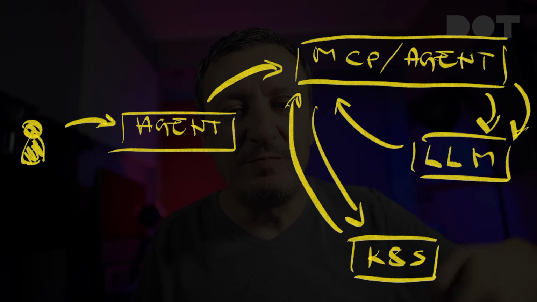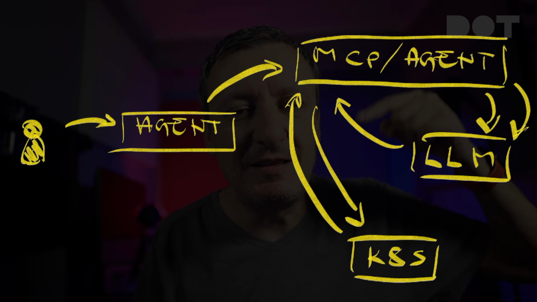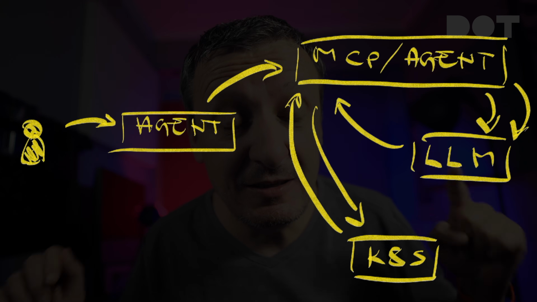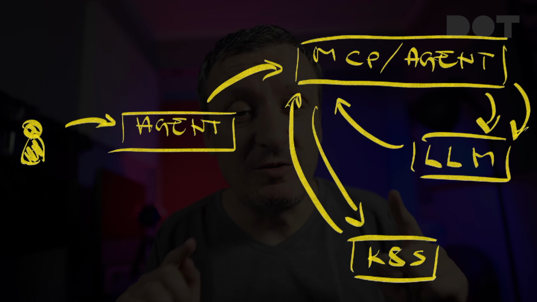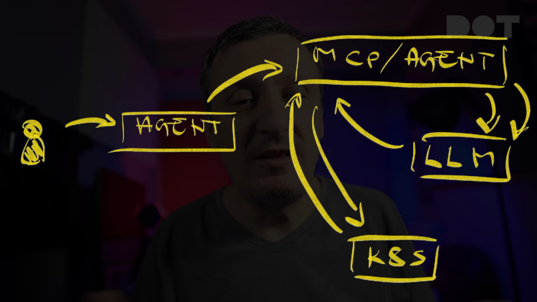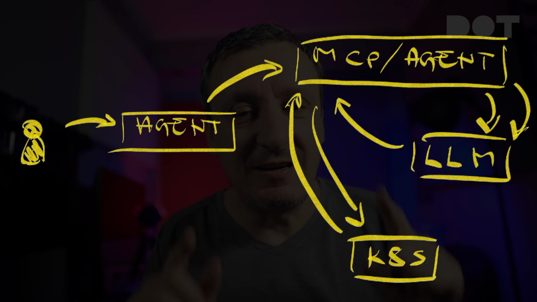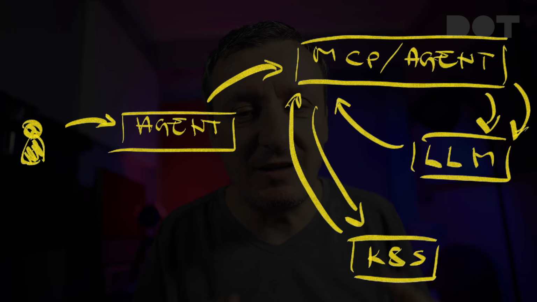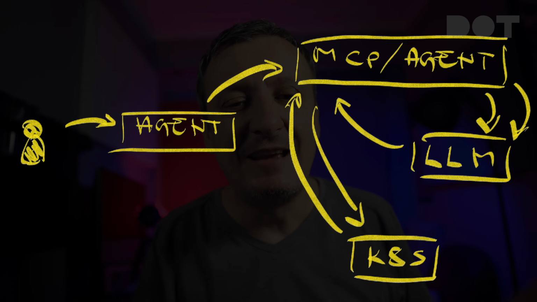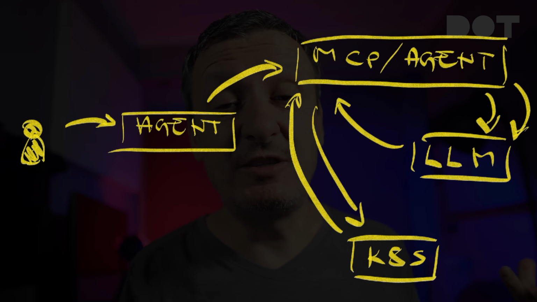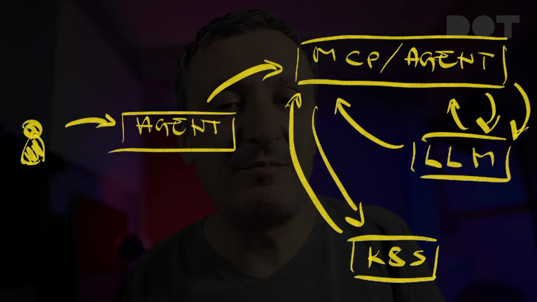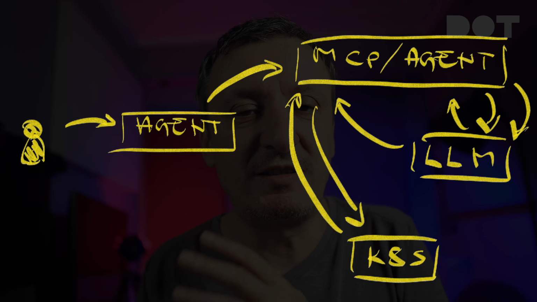This continues looping until the LLM responds with, "Hey, you know what? I am done." Importantly, those tools are all read-only. The LLM never, and I repeat, never requests changes to the Kubernetes cluster. That's a critical security constraint. Once the LLM finishes the loop, it responds back to the MCP agent with the analysis and suggested remediation.